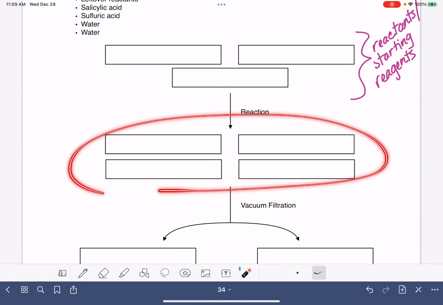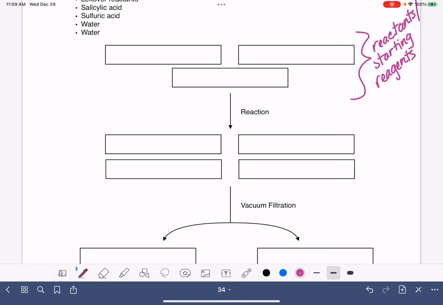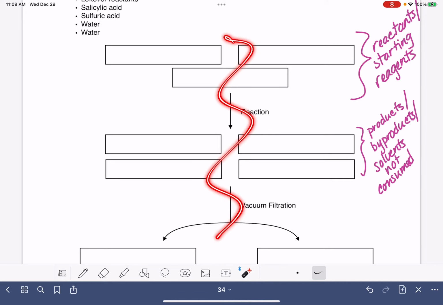So in this spot, you're going to be writing in all of your products and also any byproducts, any solvents that didn't get used up. Solvents may not always be included in these diagrams, but any solvents that are not consumed are going to show up in here as well.